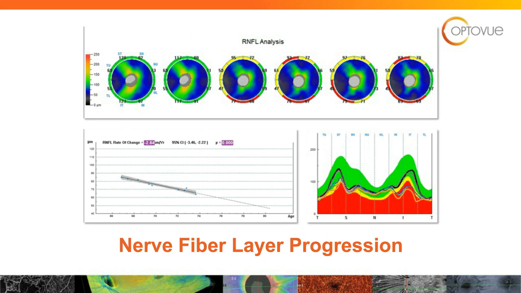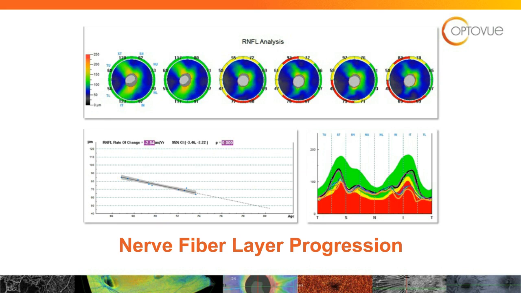And then the nerve fiber layer analysis, looking at that change as time goes by. Looking at the top part, we're looking at the pattern-based event analysis, seeing what happens every time they come in, and you can see that the pattern is changing. In the bottom part of the nerve fiber layer analysis, we have a nice confidence interval, but it is being flagged.